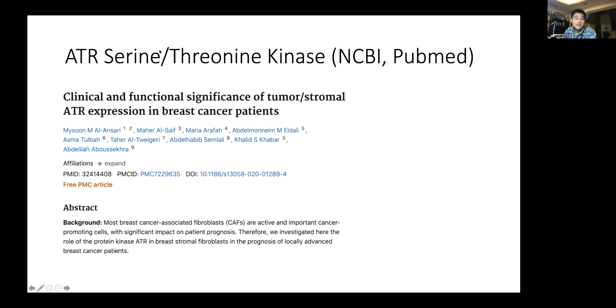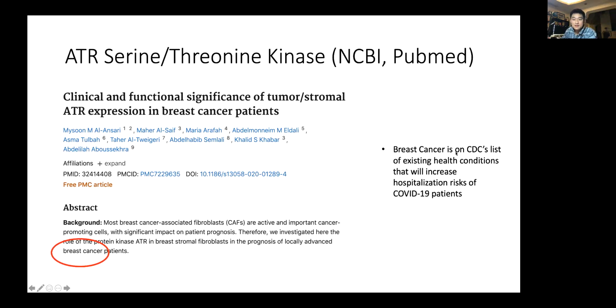With regards to this gene, another interesting thing that I found on NCBI and also published on PubMed is that this particular gene is very highly correlated with breast cancer. And breast cancer, it just so happens, is on the CDC's list of existing health conditions that will increase your chances of hospitalization upon getting infected by COVID-19.